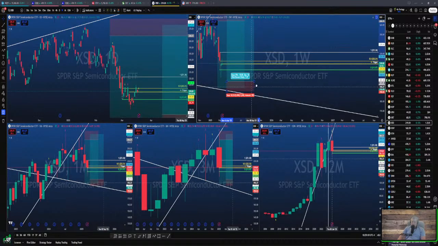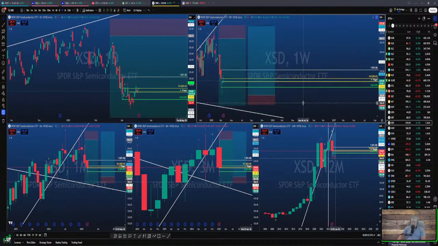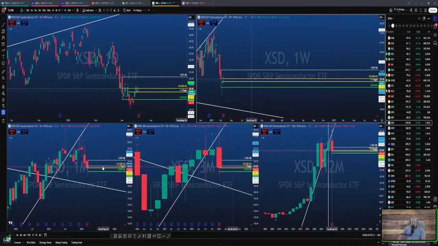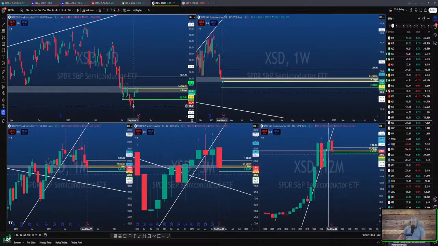I would venture to guess that both of us would say short. We would rather be shorting with full time frame continuity than longing against it. But like I said, this chart looks good to me. The day and the week both look like, as soon as we get out of this little range here, we are going to shoot up higher.